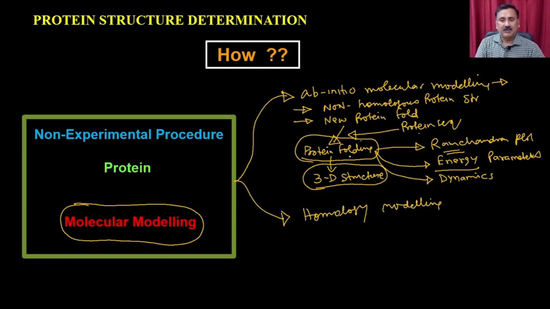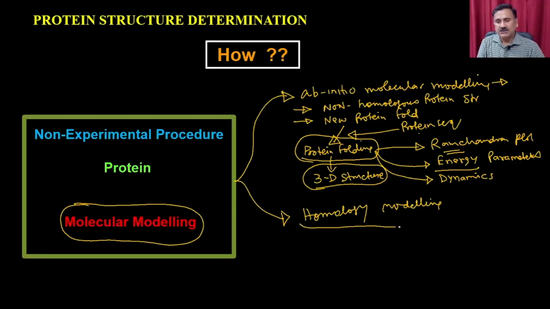So in that case you might have to generate the protein folds using the Ramachandran plot, and then determine the free energy, because ultimately the free energy of the system has to be lowered while it is going through the protein folding process.